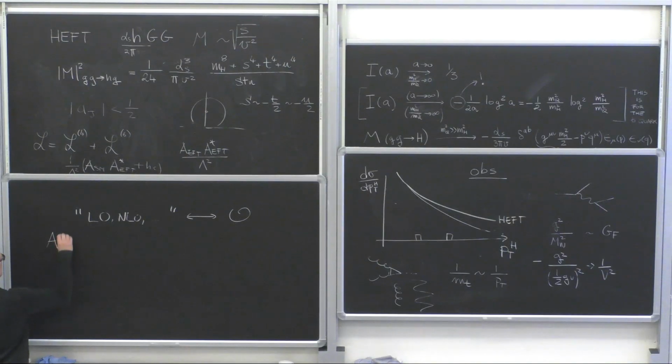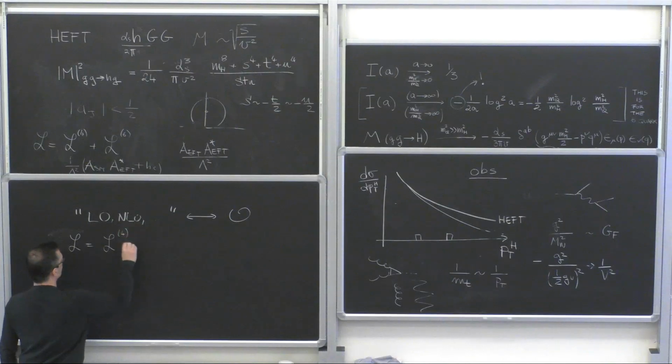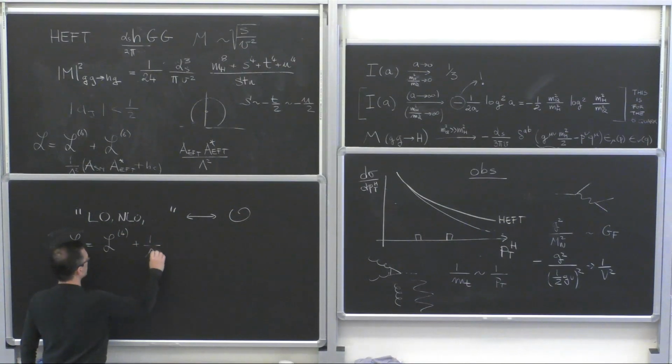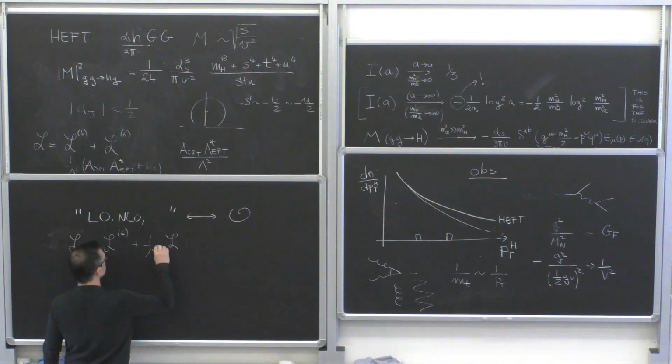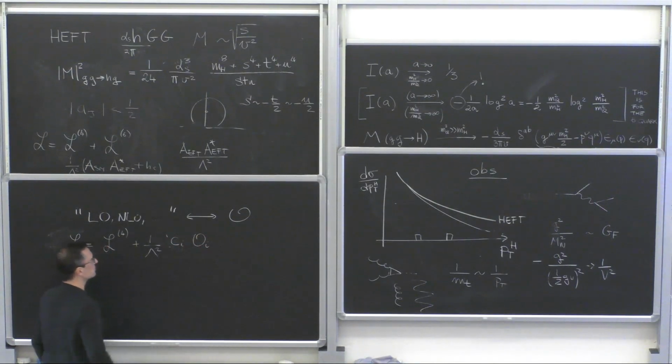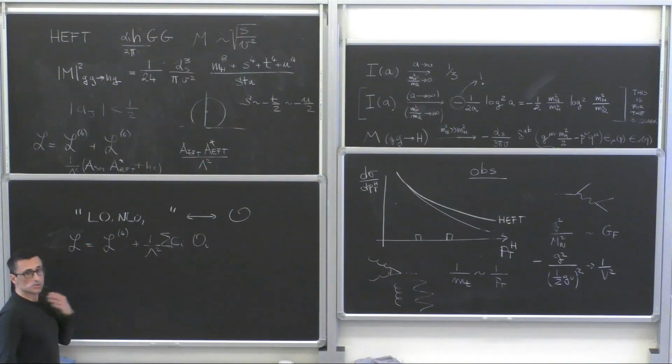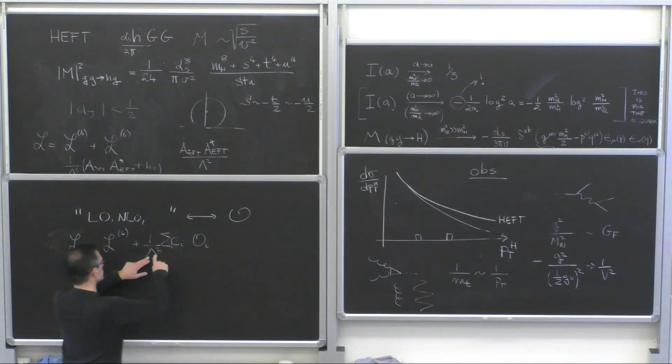So let me expand the amplitude in the EFT, in a theory where I have lambda 4 plus, let me put lambda out, let me write it this way, C_i O_i. So this is a dimension 6 theory, and these are all dimension 6 operators.